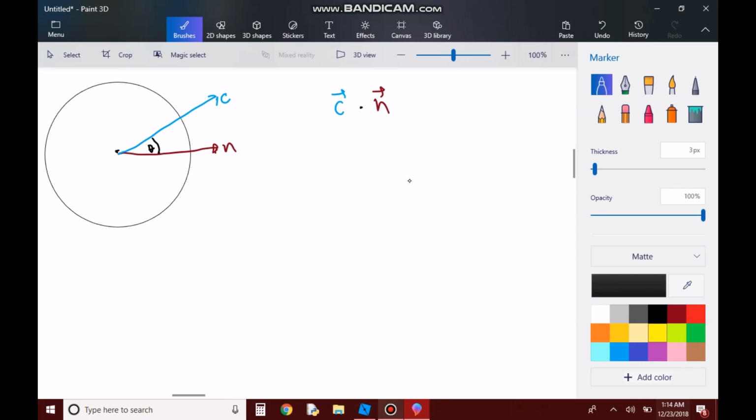So the dot product way is you would have the dot product of C and N would be equal to the magnitude of C times the magnitude of N cosine of theta.